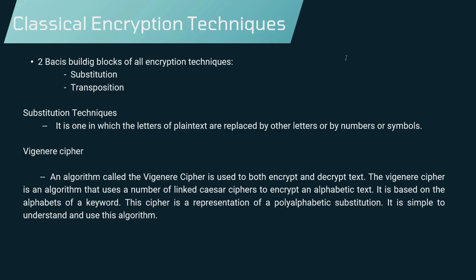You just need to know that substitution is one in which letters of plain text are replaced by other letters or by numbers or symbols. A monoalphabetic substitution cipher is one where one letter always maps to the same other letter, but the Vigenere Cipher is polyalphabetic.